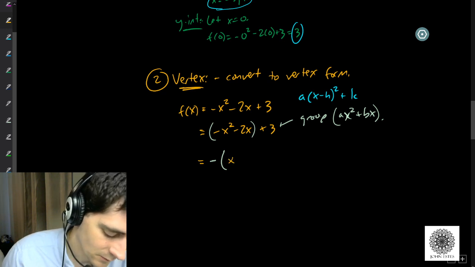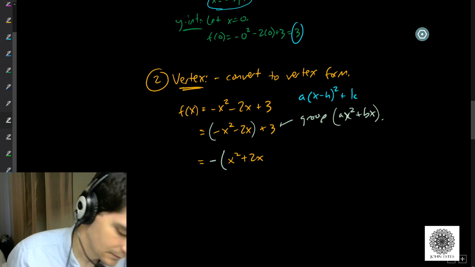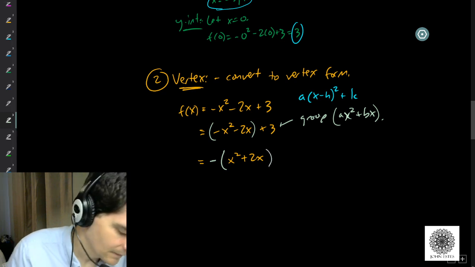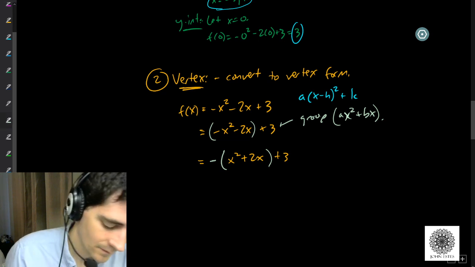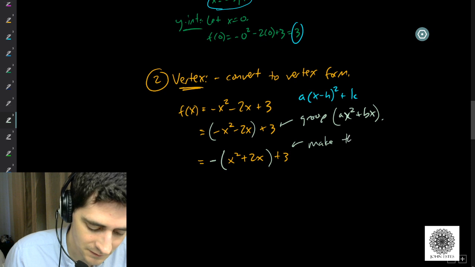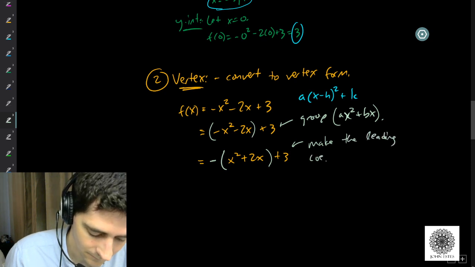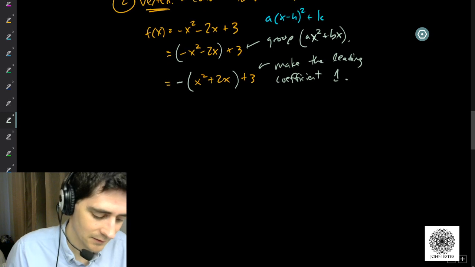So I have x squared plus 2x on the inside now, right? And then I have plus 3. So what I did there was make the leading coefficient 1.